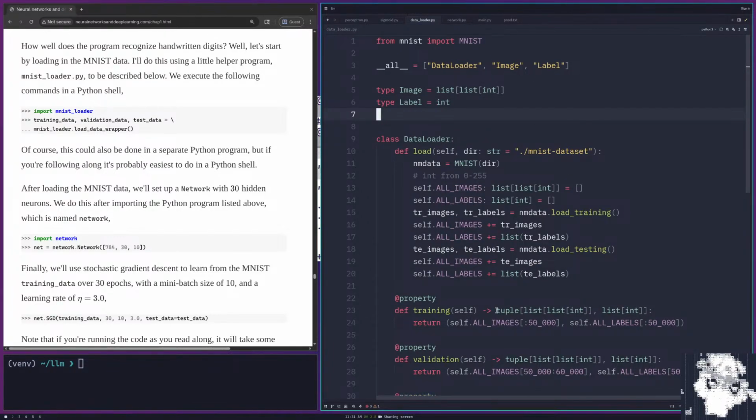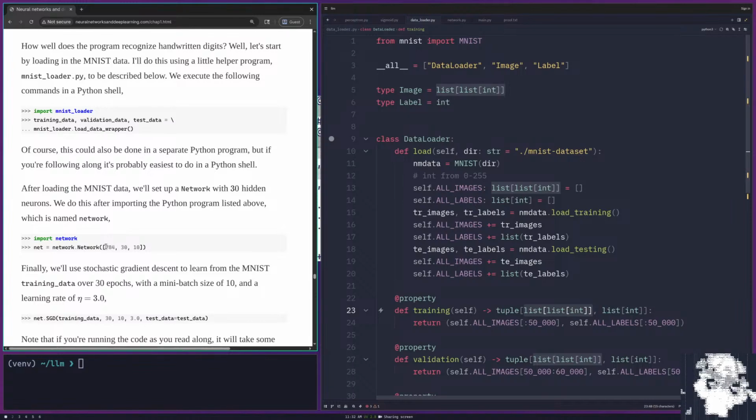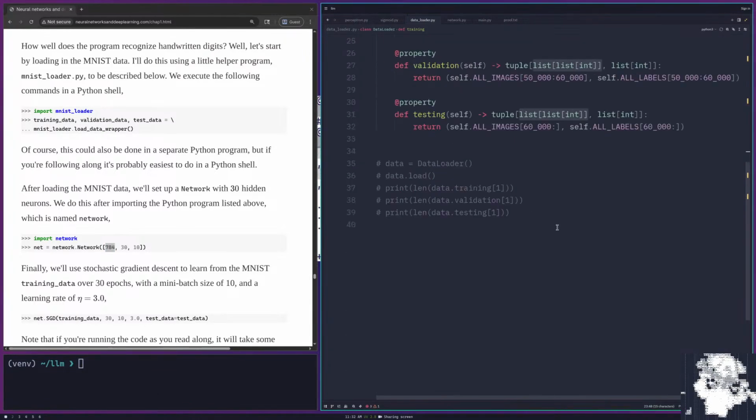So this returns a tuple of... Wait, is it a list of events or is it just a list of events? Is an image 28 by 28 or is it a 784? I guess we need to find out.